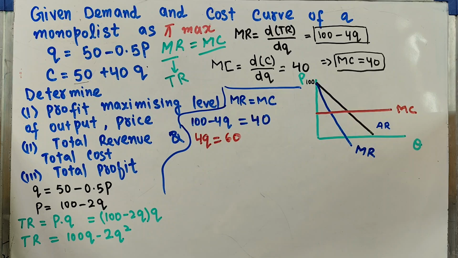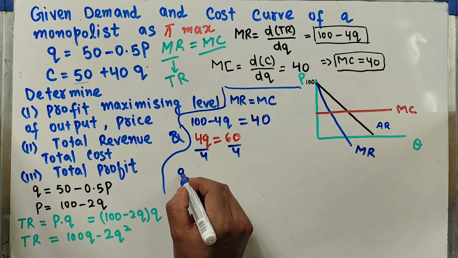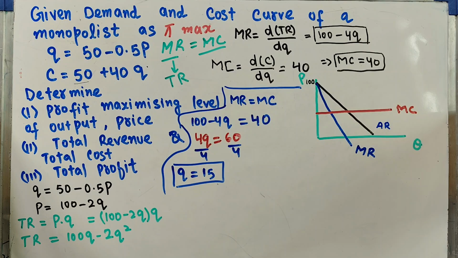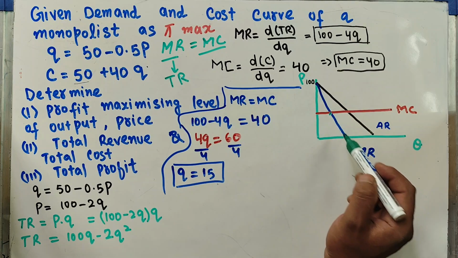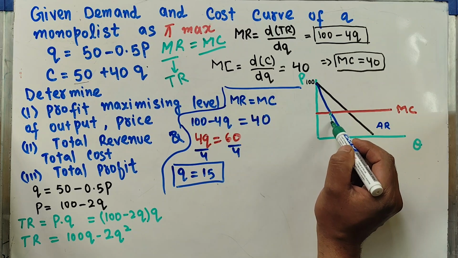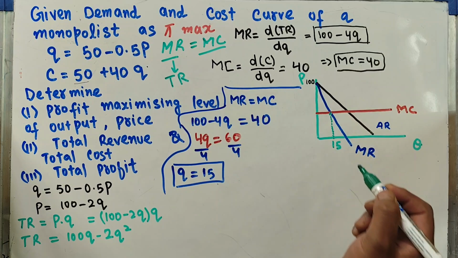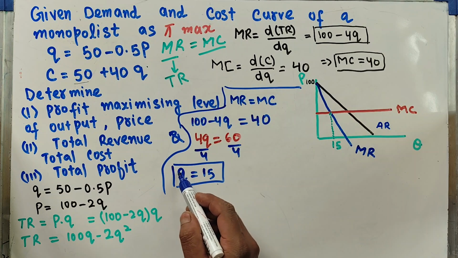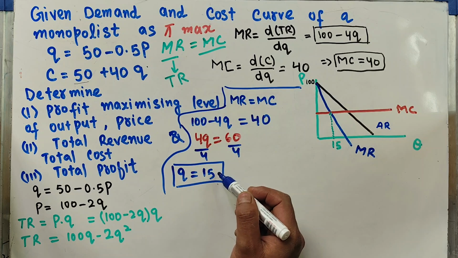Dividing both sides by 4, we get Q is equal to 15. So the profit maximizing level of output is 15. This is the point where marginal revenue and marginal cost intersect each other.